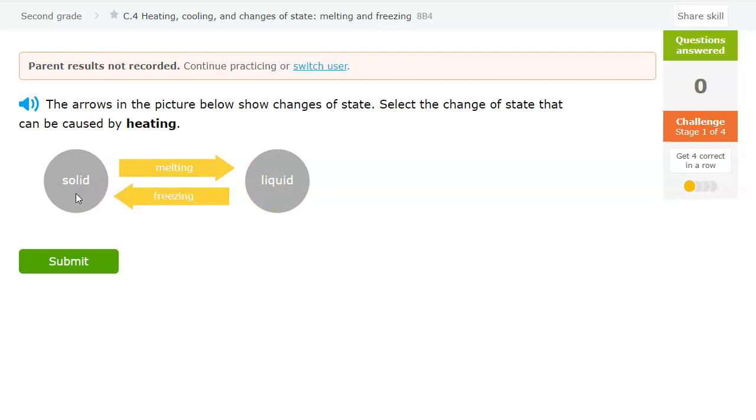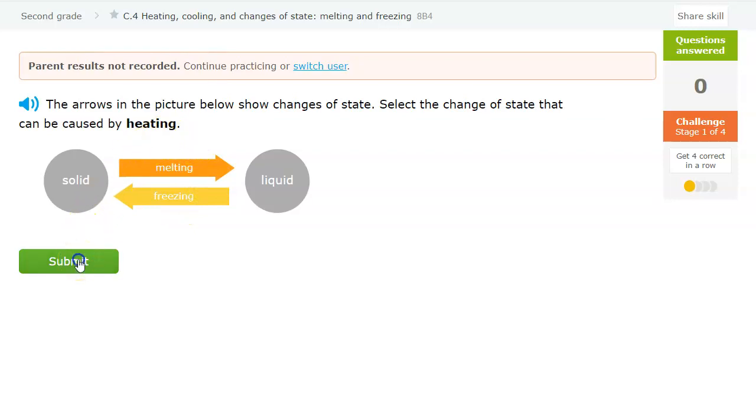Or do you take ice and heat it up and get to liquid? I think we all know that if you take ice and you heat it up, you get liquid. So melting is the only one of those two that can be caused by heating.